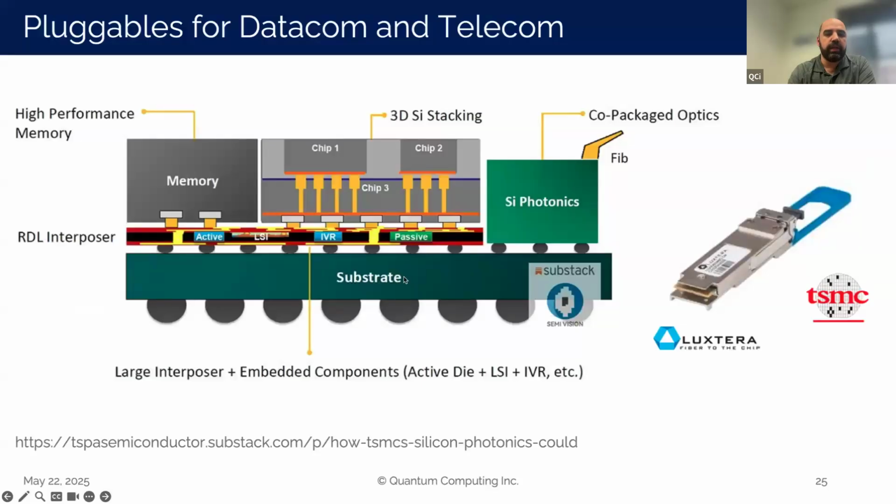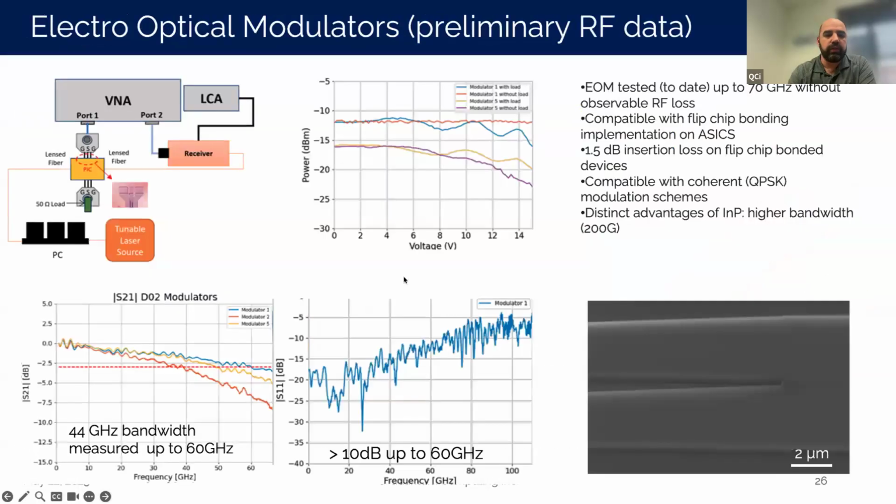The predominant interest in electro-optic modulators is for high-speed switching, for pluggables, for datacom and for telecom. And TFLN offers the ability to realize very high modulation speeds in a very energy efficient device. So we very recently began designing and fabricating RF modulators for high-speed datacom and telecom applications.